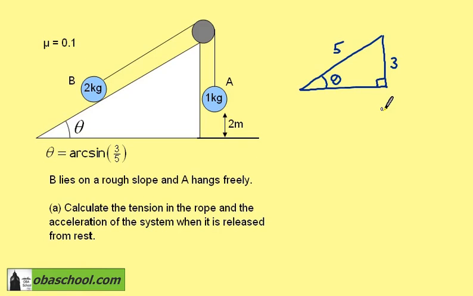We should recognize a 3, 4, 5 triangle, giving us the adjacent as 4. Then sine theta is equal to 3/5, and cos theta is the adjacent over the hypotenuse, which is 4/5.